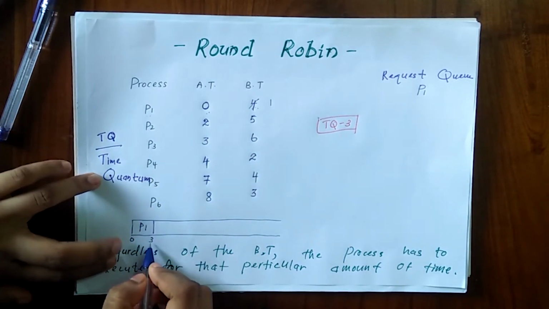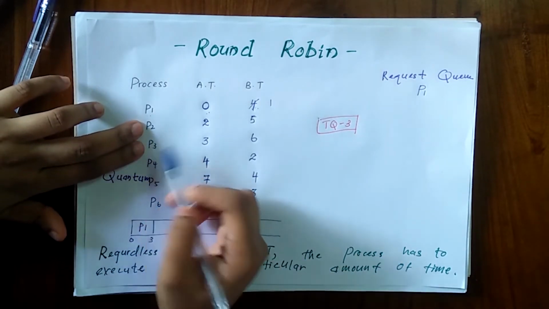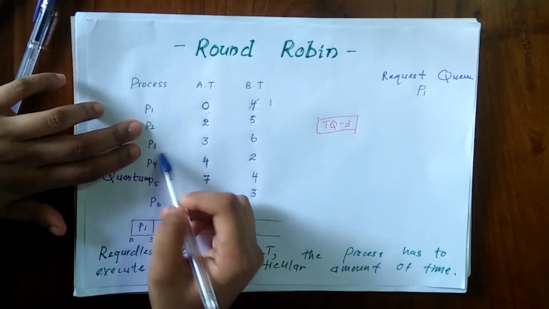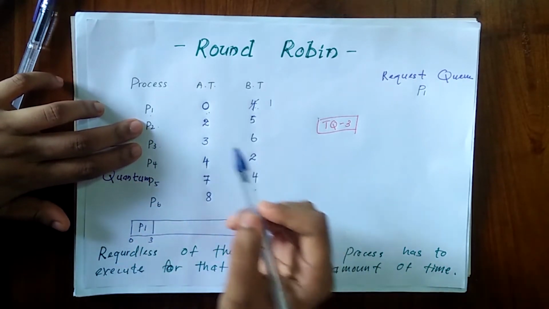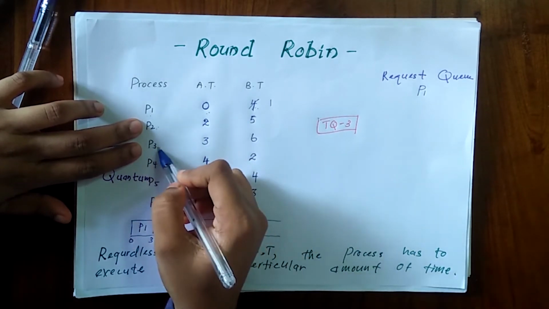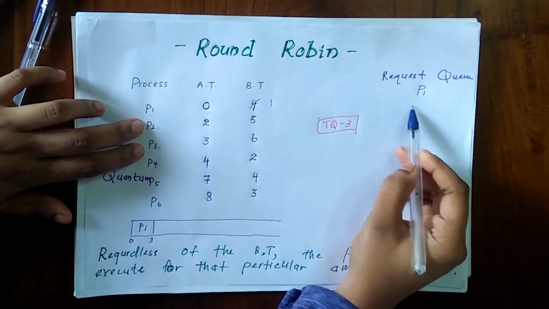Within these 3 milliseconds, you can see that P2 and P3 arrive. P2 is the one which comes first and then P3. So we have to write P2 and P3 in the request queue.